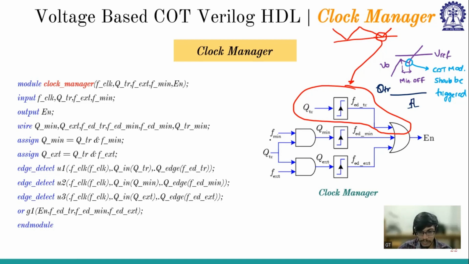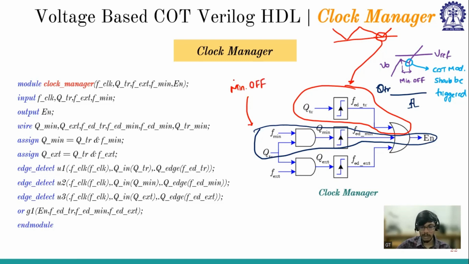So this is the second part, during the minimum off time. After minimum off time, if it has to be triggered forcefully to turn it on, then we use this logic so that enable will be triggered and it will trigger our constant on time modulator.